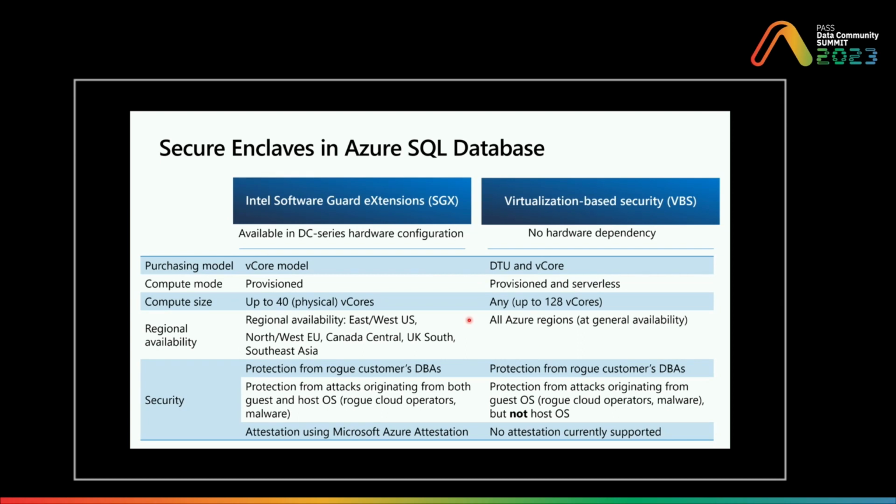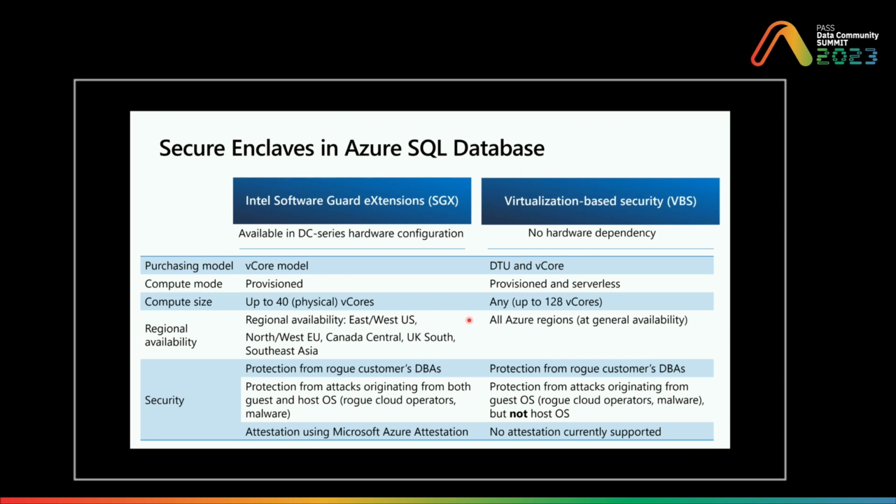How do we secure that enclave? You have two possibilities. One is to use hardware, which is called the Intel Software Guard Extensions, or Intel SGX. So in Azure SQL DB, if you want to use hardware under the covers, you will need to create a specific type of database called the DC series.